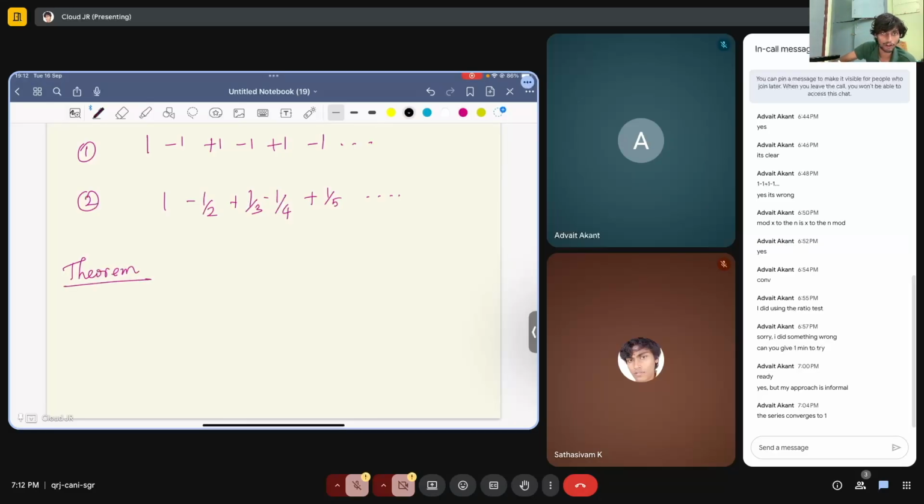And the theorem is the following. The theorem tells you when your alternating series converges. It's called the Leibniz theorem. Some people write lemma, but I write theorem. Some people write Leibniz test. So suppose un is a sequence of positive terms.